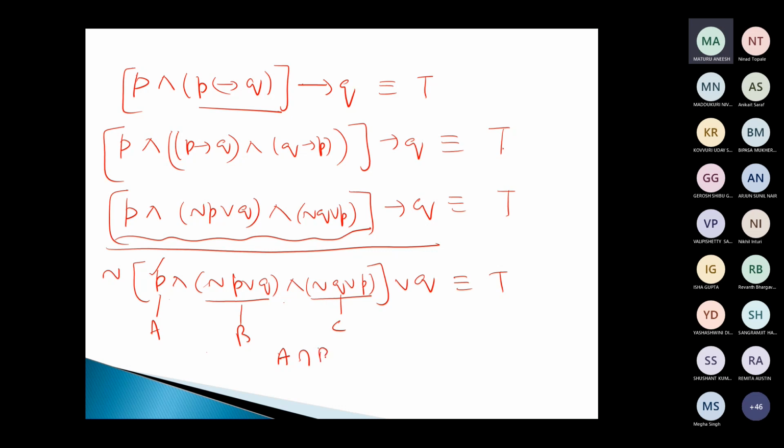A intersection B intersection C. The whole negation is there outside. This is called extended De Morgan's law, right? So if you apply not here, not is applicable to each and every formula inside, but and will be replaced by or. Intersection will be replaced by union. Is this clear? Yes, ma'am. Now I got it.